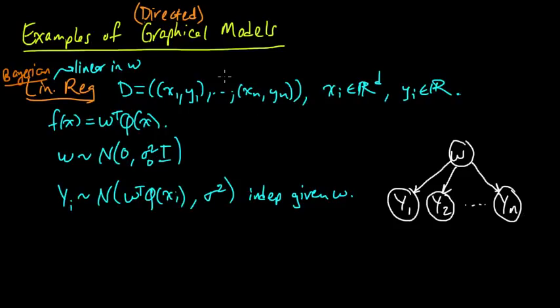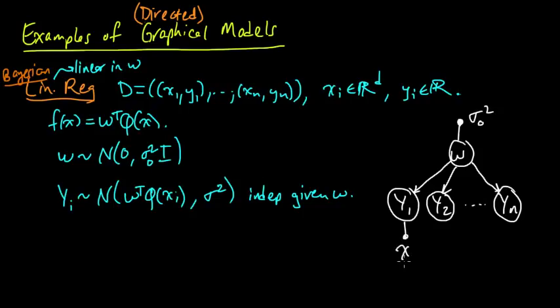And in this video, we're also going to introduce a little bit of notation and terminology associated with graphical models. An additional notational thing that people do is to put sometimes just a little dot for the parameters. So W depends on this sigma naught squared parameter. And if we had a mean, we could put mu here also for a mean of that guy, but we don't need to put that.